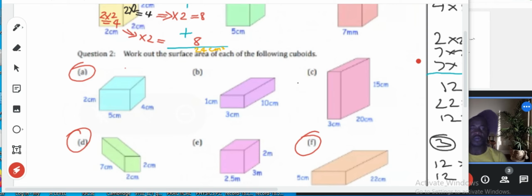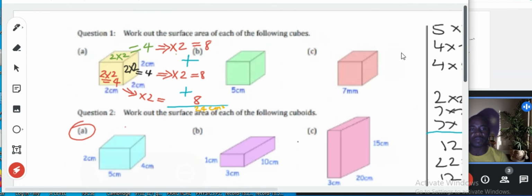Okay, so a quick recap of what we did on volume and surface area of 3D shapes, right?